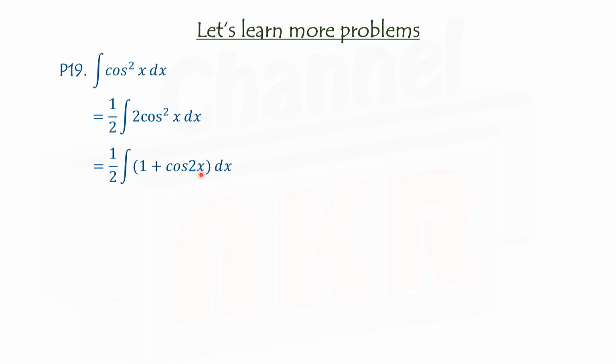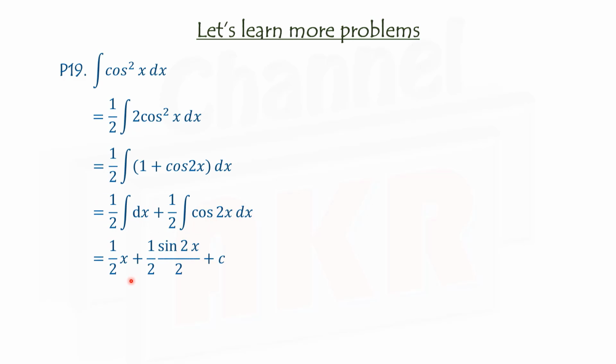From trigonometry, you must know all the formulas. So 1 plus cos 2x, then separate into two integrations, then integration of this will be x like this, and cos 2x will be sin 2x by 2, and this half is outside. Final answer is this.